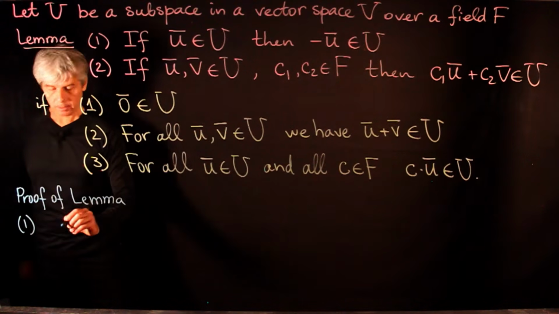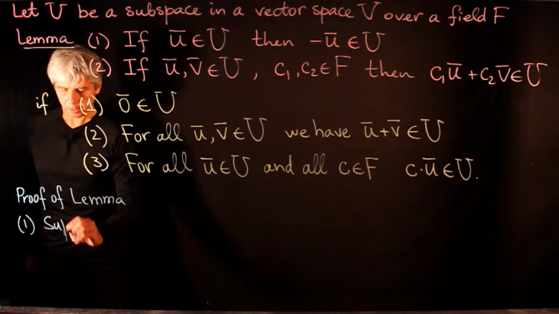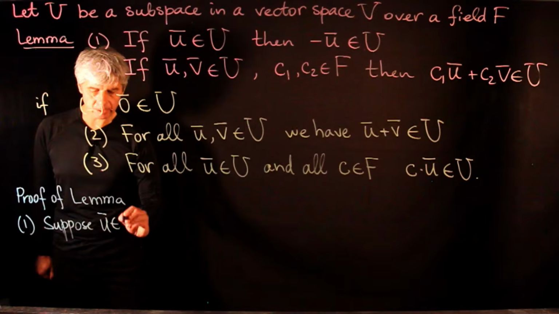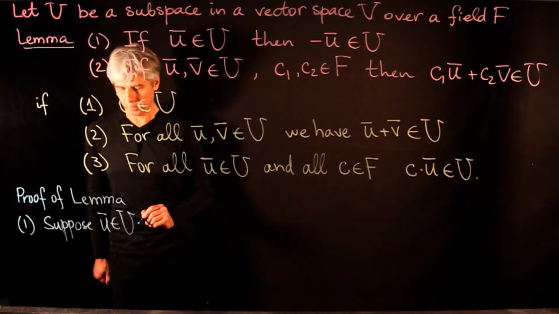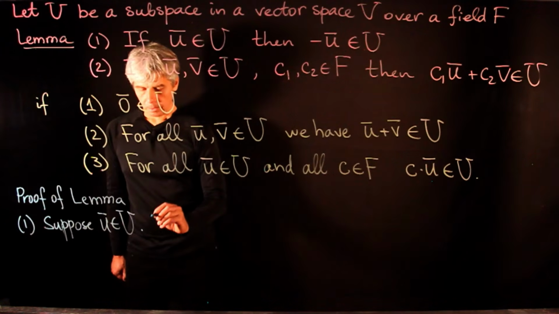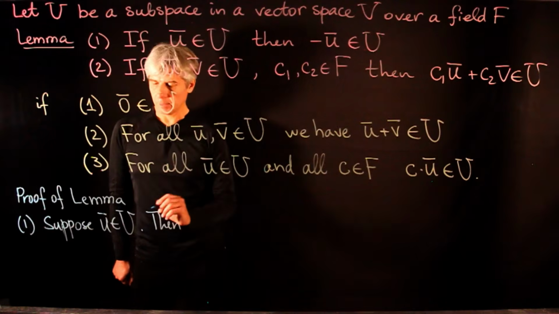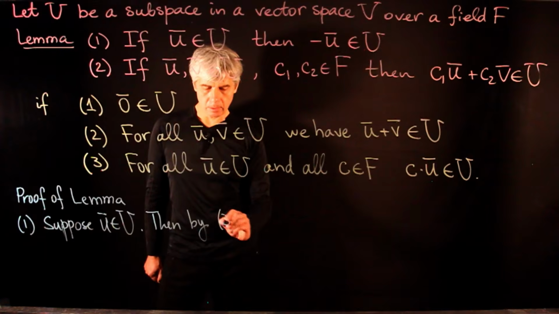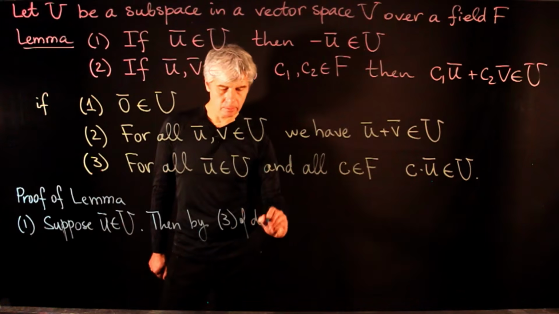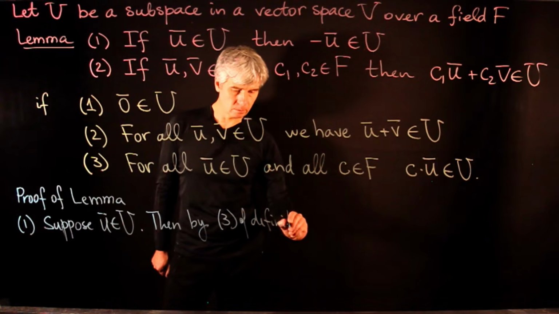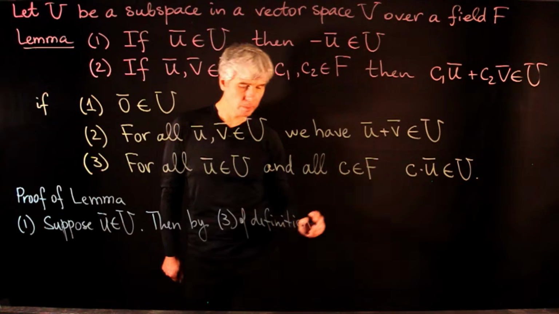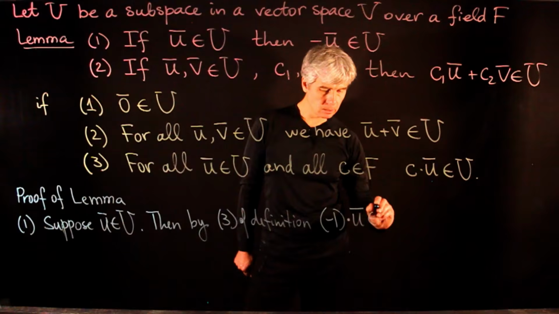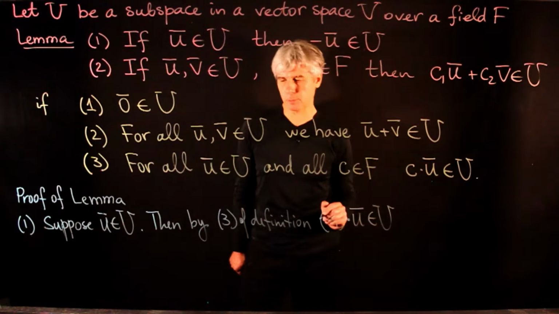So suppose U is a vector in a subspace U. Then by property 3 of the definition, we have minus 1 times U is also in the subspace, right?